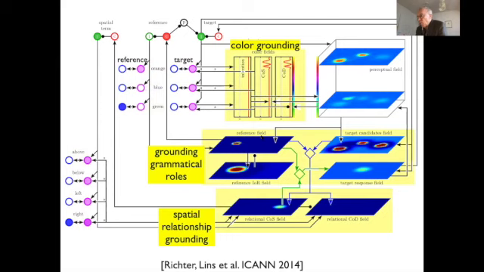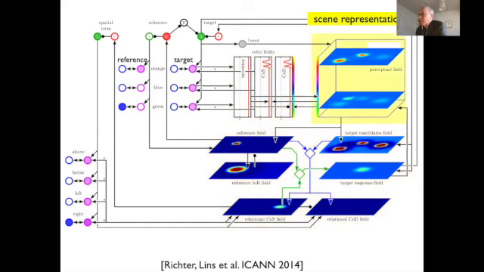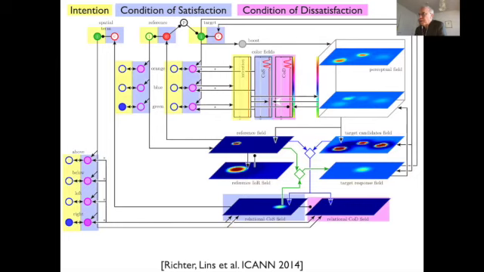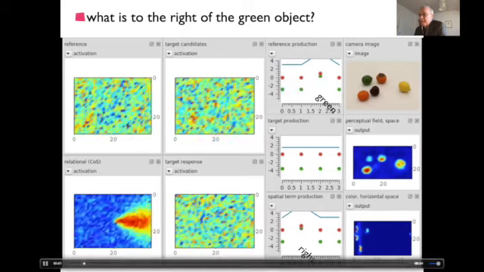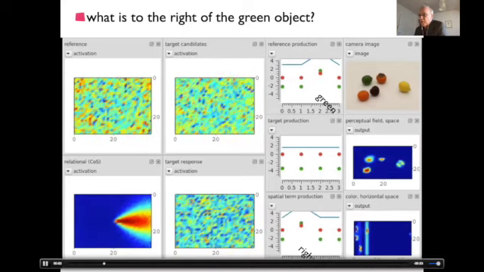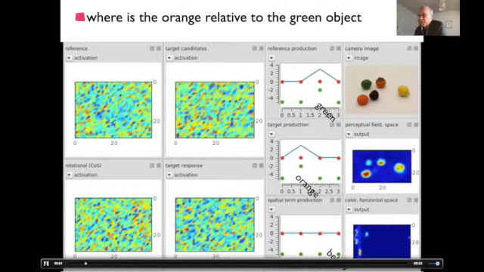It will also be a role as reference or target by having a copy for reference and a copy for target. And that's a scene representation. So this is this behavioral organization stuff that I didn't fully explain yet, that will regulate that the whole process occurs automatically. So here's an example of this architecture running.